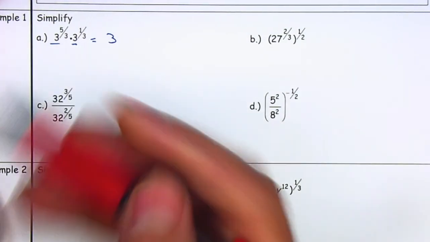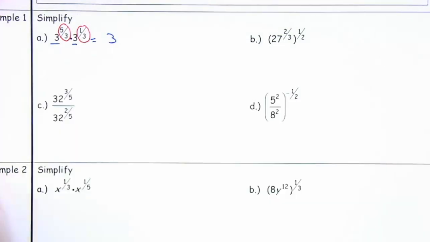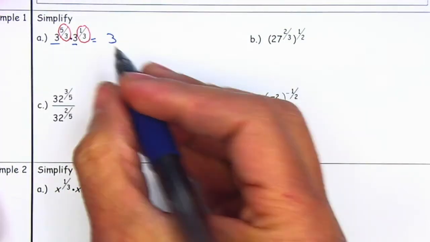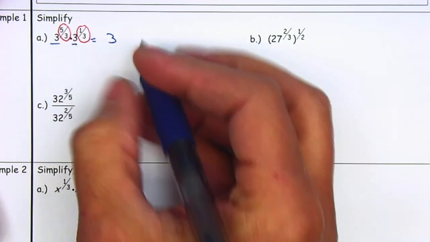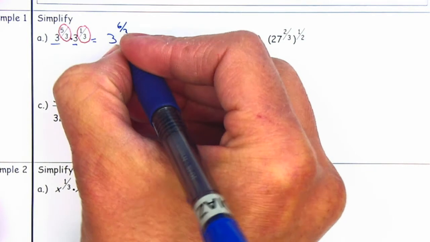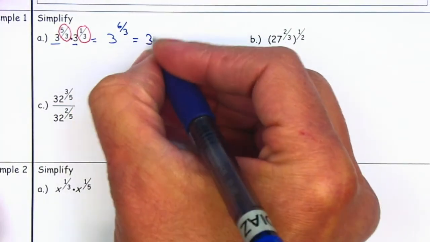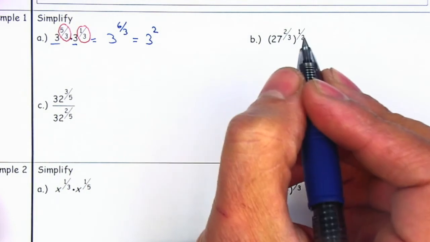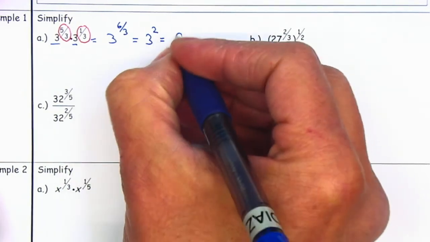We are going to go ahead and add the exponents. So in order to add, they have to have the same denominator. They do, so we can just add. 5 plus 1 will give me 6. Denominator stays the same. I'm going to simplify, so it gives me 3 to the 2nd power. And that is equal to 9.